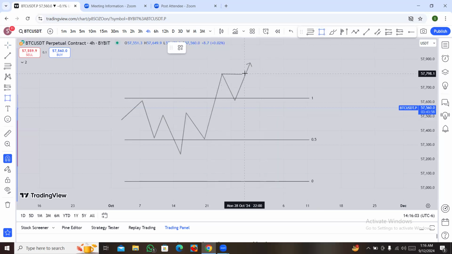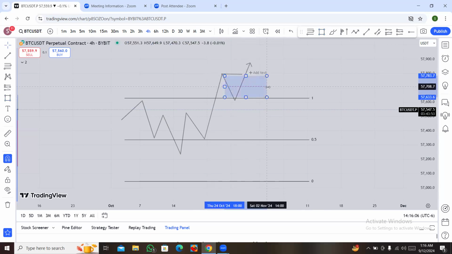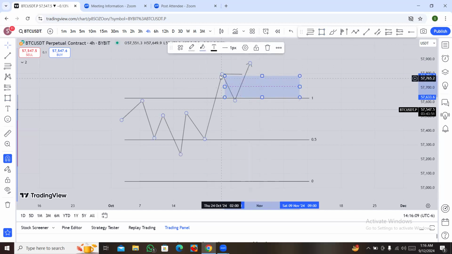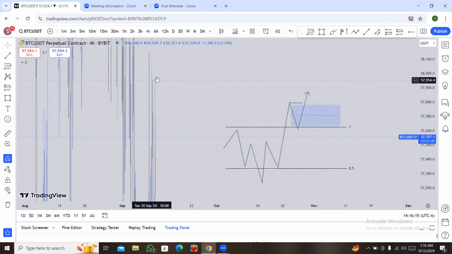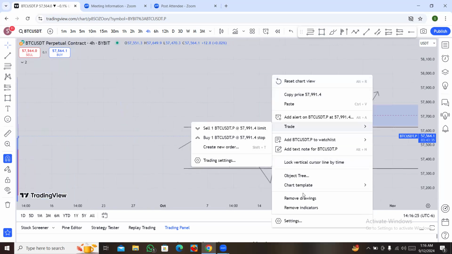So when this high breaks out here, this whole move becomes demand. So you enter in it, stop here, and whatever liquidity is left here, you can target that liquidity. Simple as that. There is nothing major in it.